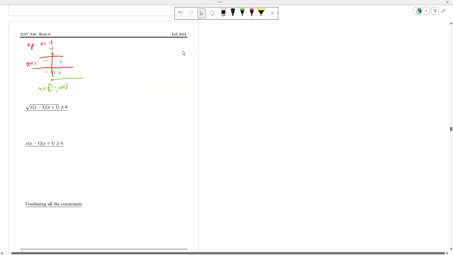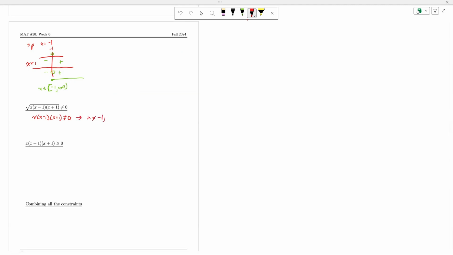My next constraint is that (x minus 1)(x plus 1) does not equal 0. Well, because this is factored, this implies that x does not equal minus 1, 0, or 1.